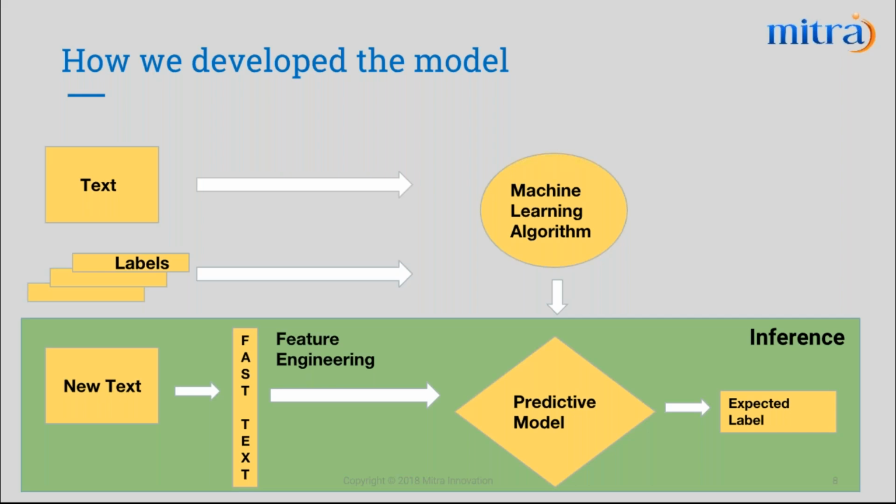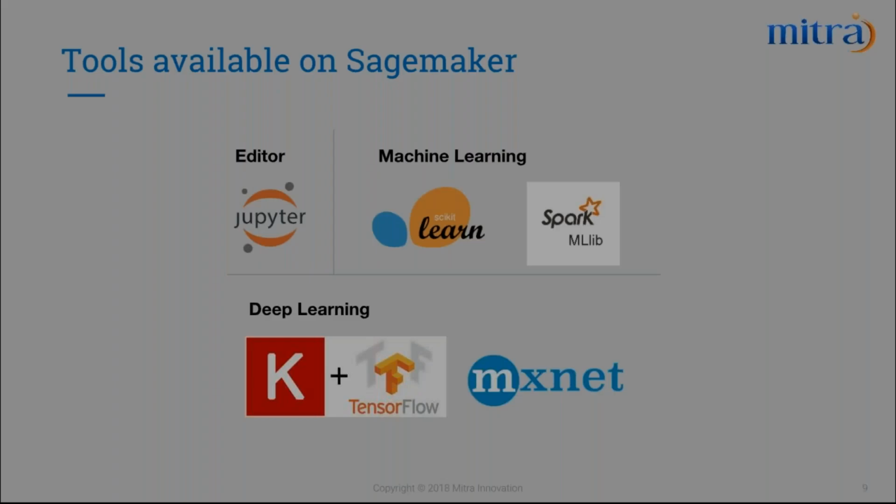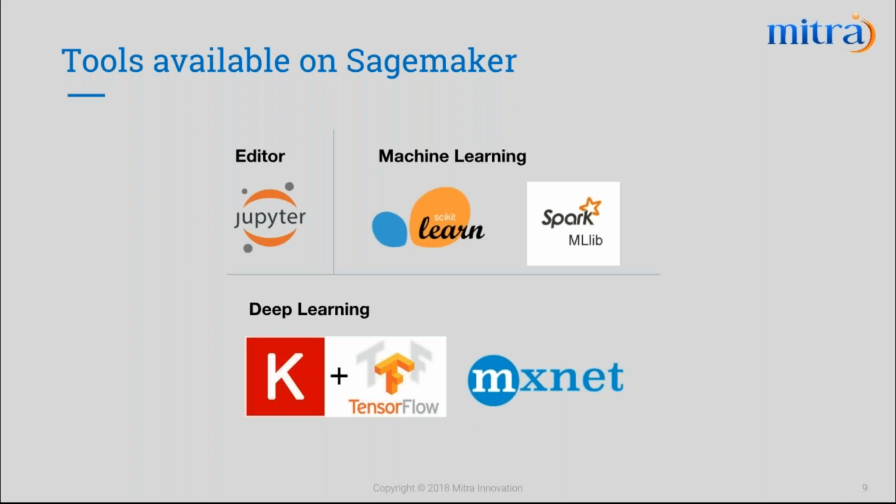We are doing feature engineering using fastText, and our predictive model will tell you the class that your text belongs to, whether it's toxic, severe toxic, obscene, threat, insult, or identity hate. It will give you a value for each of these categories, and you can decide the highest value based on that.